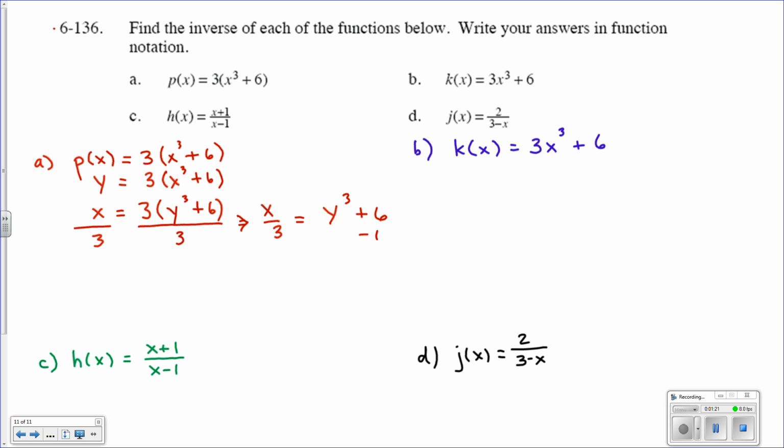Now let's subtract our 6 from each side. And we have x thirds minus 6 is equal to y to the third.